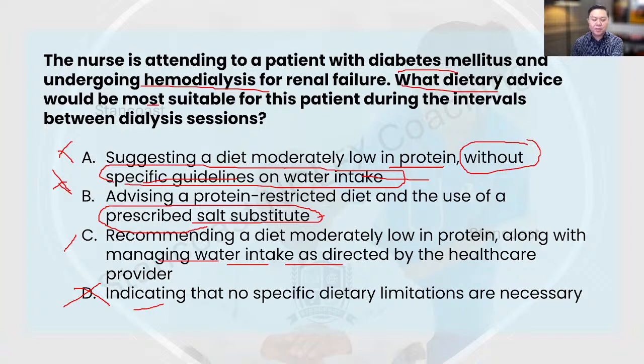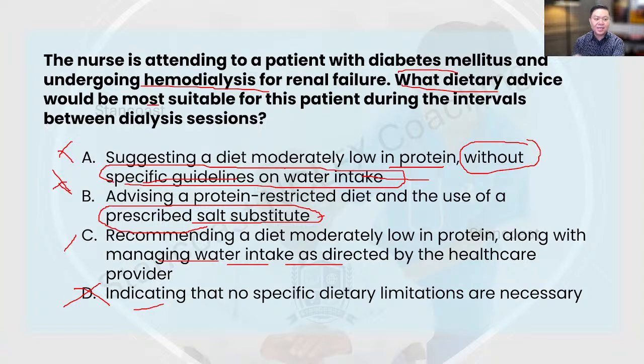And definitely our test taking strategy here is to make sure we are identifying patient specific factors, the medical history of the patient, the current treatment regimen, and also the patient has diabetes mellitus. It's going to be much more complicated. And so they definitely need to follow those dietary recommendations. Now, our goal here for this test question is to also eliminate those options that do not address the patient's needs.